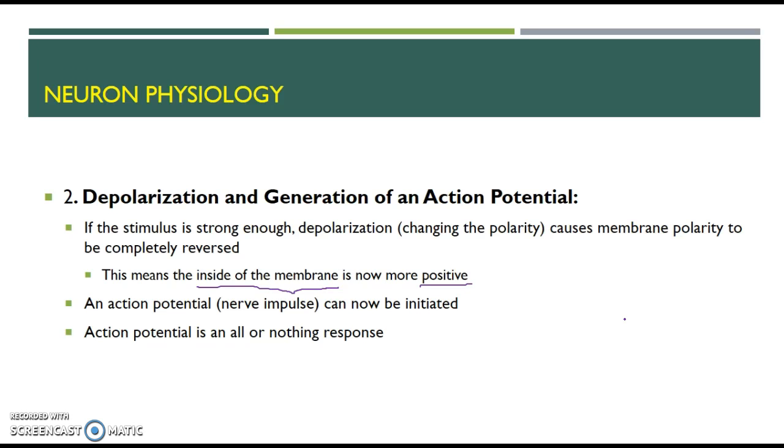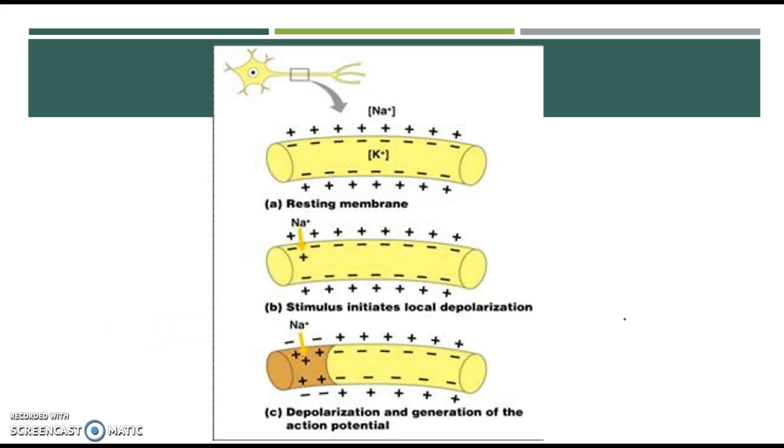An action potential is the start of the nerve impulse. Once you get a positive enough charge inside of the neuron, you're going to have an action potential, and there's no going back. Once you start to have your action potential, you're going to activate that neuron and have a nerve impulse. It's an all or nothing response.